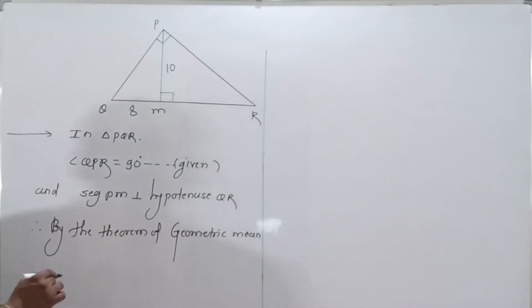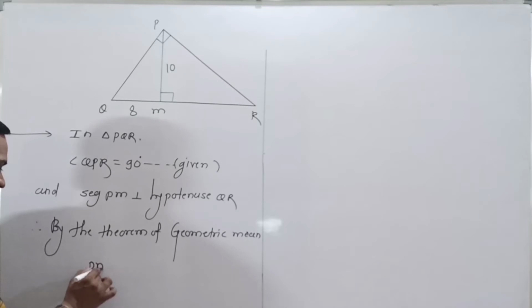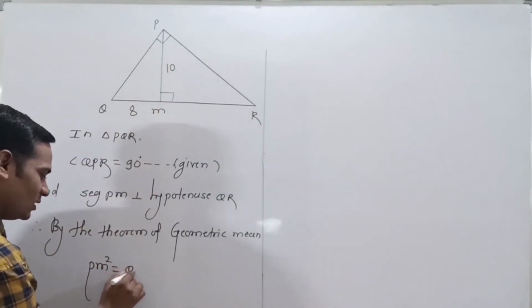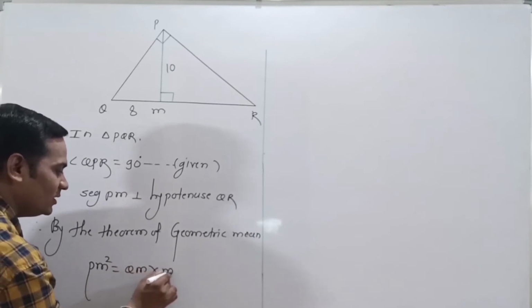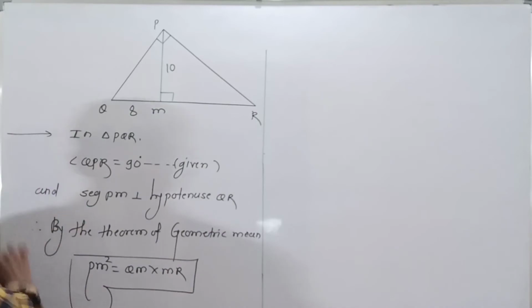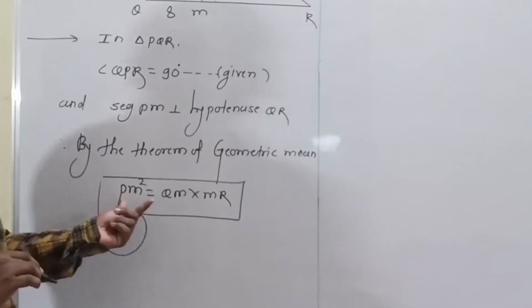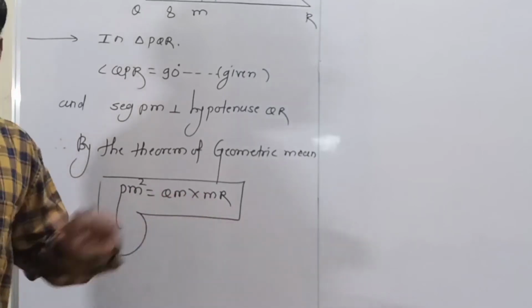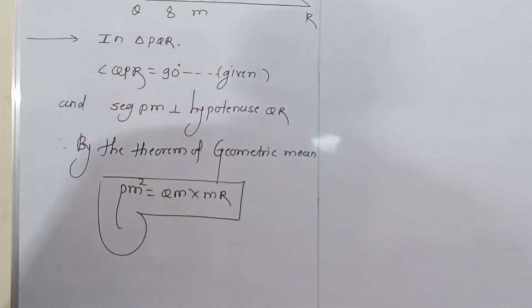So what will be that theorem? PM square is equal to QM into MR. Look at this, PM square is equal to QM into MR. So let's put down the values here.